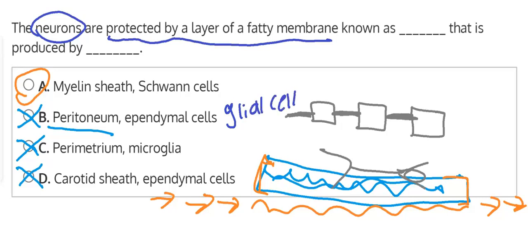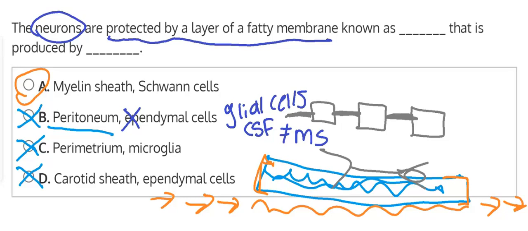So they are still in the central nervous system, so they are still related to the neurologic system, but however, they are responsible for producing and circulating cerebral spinal fluid, which is still part of the same system, but not the same as myelin sheath. So we have cerebral spinal fluid does not equal myelin sheath. So that also would have been part of the elimination process.